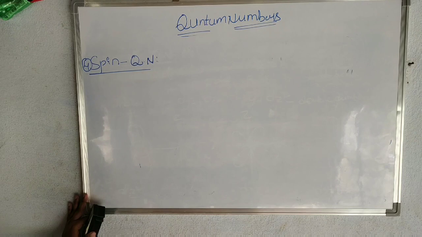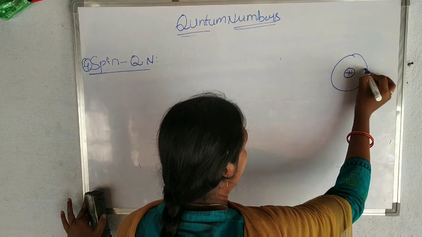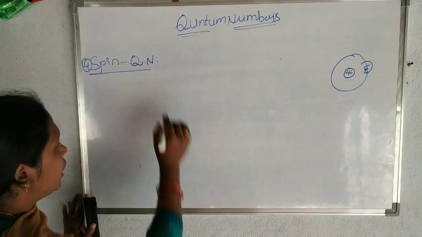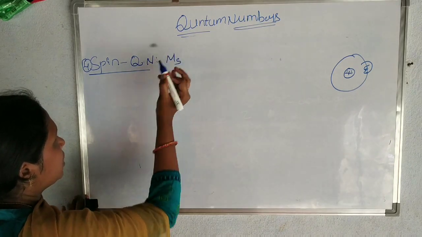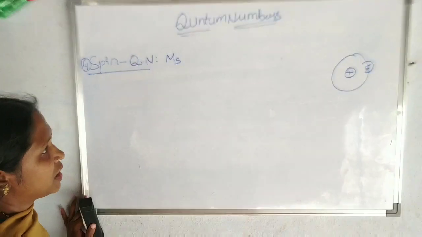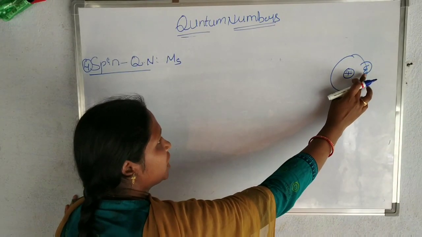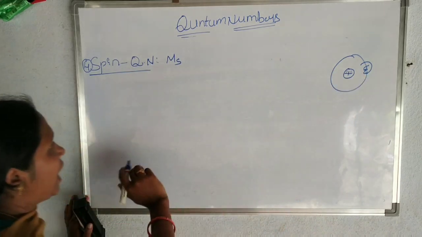Planetary means the earth revolves around the sun and also rotates itself. Like that, in an atom the electron revolves around the nucleus and also rotates itself. The spin quantum number is indicated with ms, and it explains the rotation of the electron on its own axis.